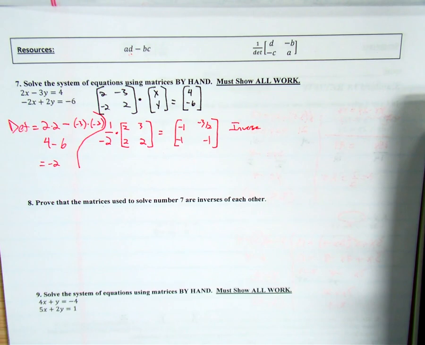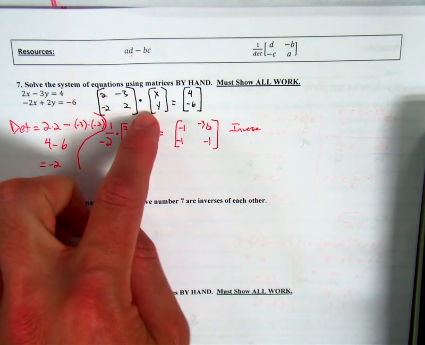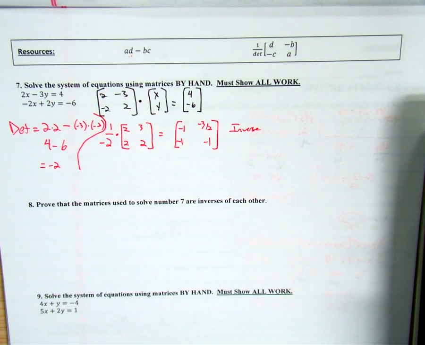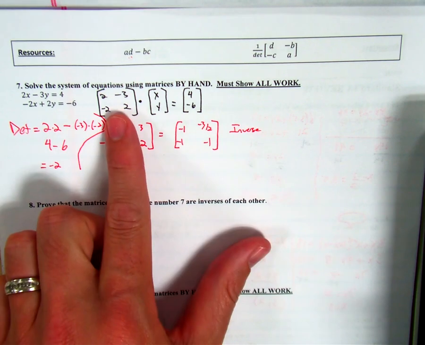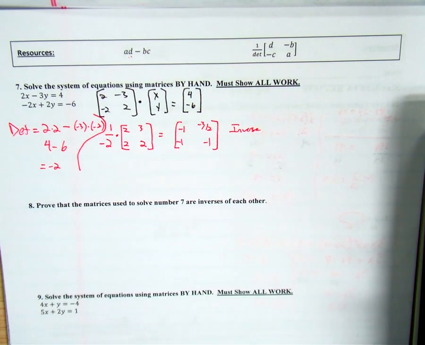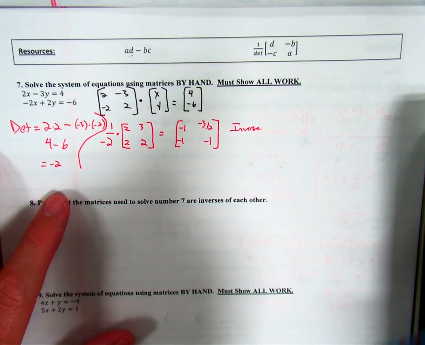Still not done. Okay, to solve, just like if this was 3x equals 12, you would multiply both sides by 1/3 or divide both sides by 3. We're going to do the same thing, same idea. We're going to multiply the inverse to the front of both sides.